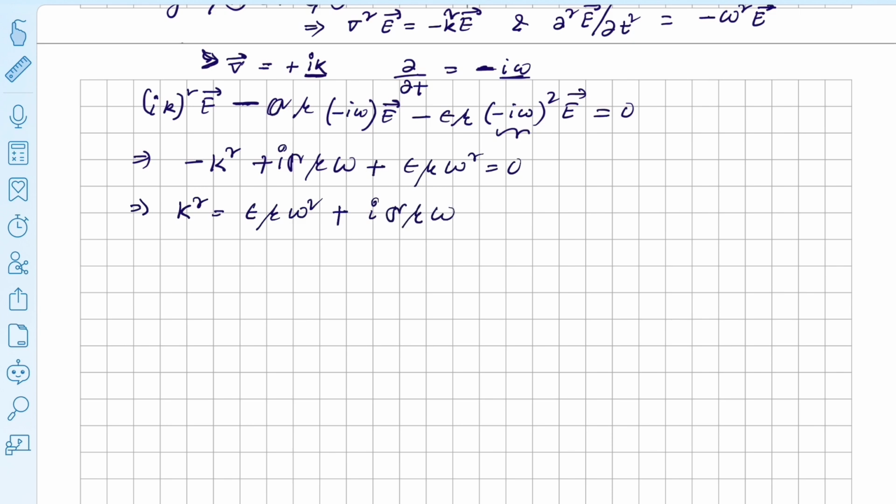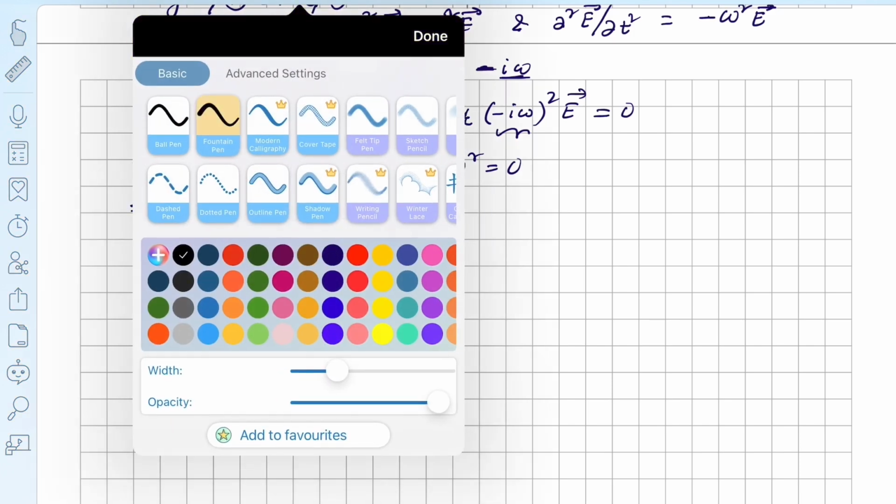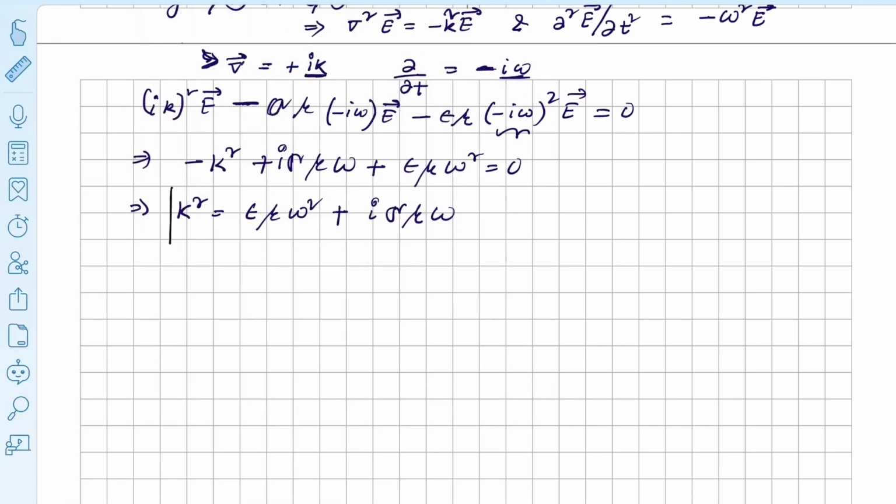That is what we have got, right? Here we have got this i, that means this is imaginary. So let me use the black ink. This is imaginary.